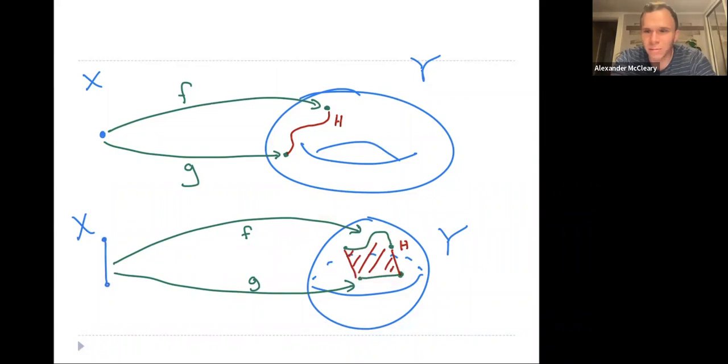Not actually intervals because we're on a sphere. And now a homotopy between these two functions is almost a path between the images, right? So we're sliding this down, continuously moving it until we get here. So that's what a homotopy is.